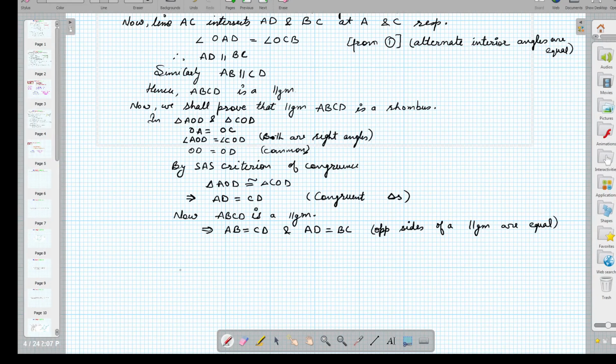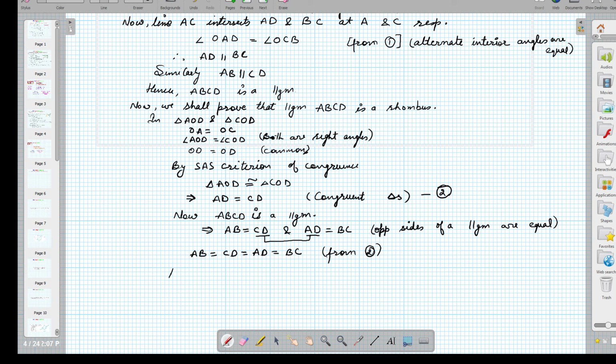And because we have another representation, from equation 2 the AB is equal to CD is equal to AD and this is equal to BC.